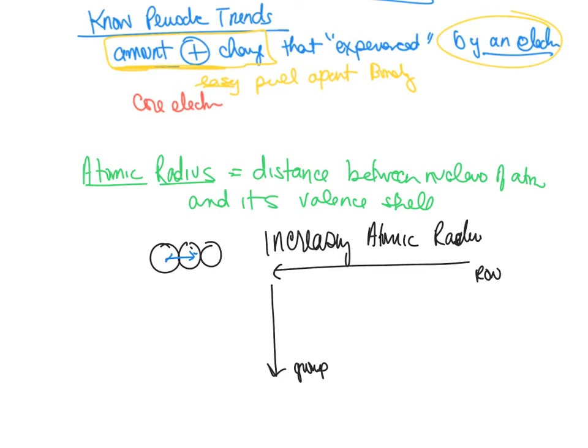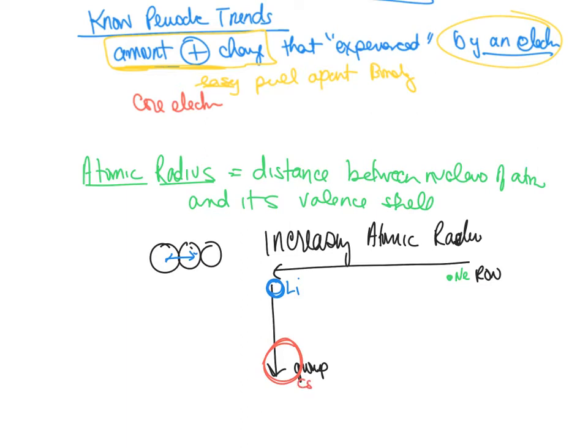So here, cesium has a very large atomic radius, and lithium has a smaller one, but neon has an even smaller one. So neon is in the same row as lithium, and then you have cesium in the same group as lithium.